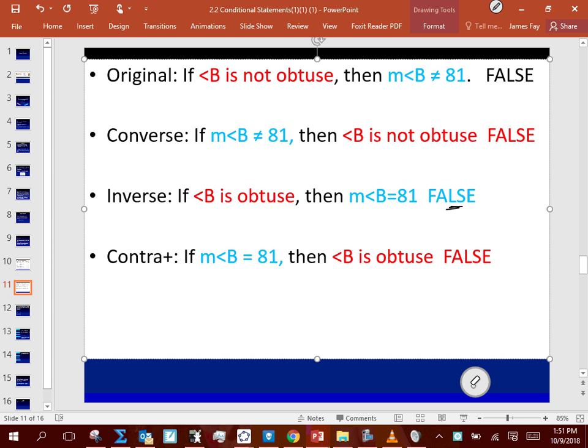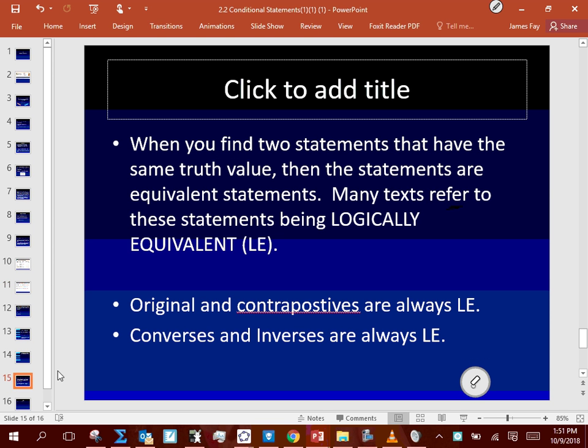Okay? And we'll do one more example of this in a moment, but this is what we refer to these statements and their truth value, their trueness or falseness, when they're the same. When two statements, and it could be multiple statements, it doesn't have to just be two, but right now that's all we'll be focusing on.